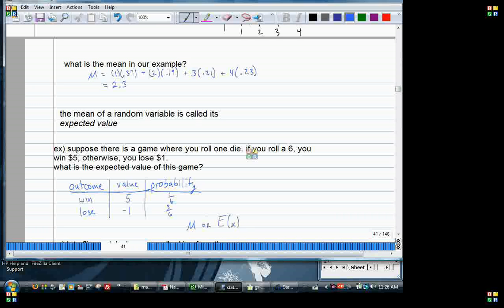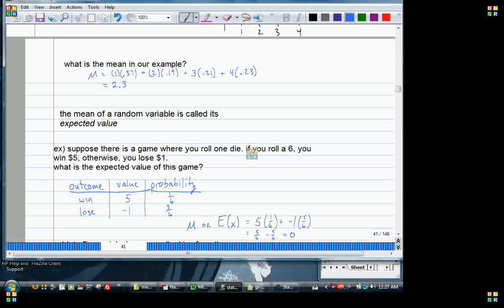What do I multiply? And what do I have to do with these things? Have to add them together, exactly. So this works out to 5/6 minus 5/6, 0. So what does that mean? You break even.